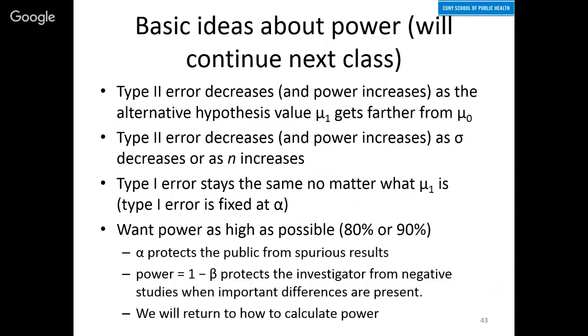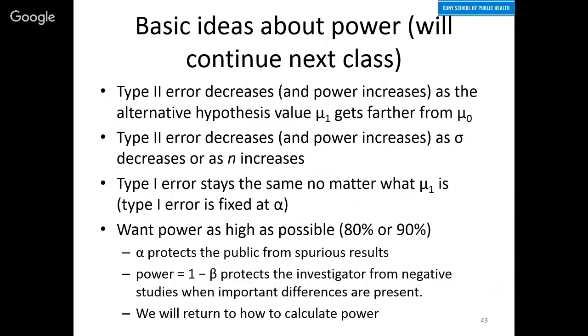Would that cause, so if you increase the alpha, that means you decrease. What do you mean? Sorry. What do you mean by increase alpha? If your alpha is getting smaller and smaller, that means you'll make fewer type 1 errors, but in return you will make more type 2 errors because now it's going to be harder to reject the null hypothesis.